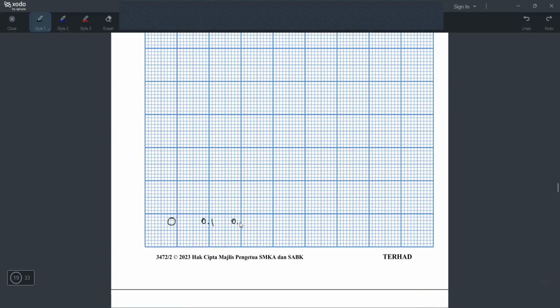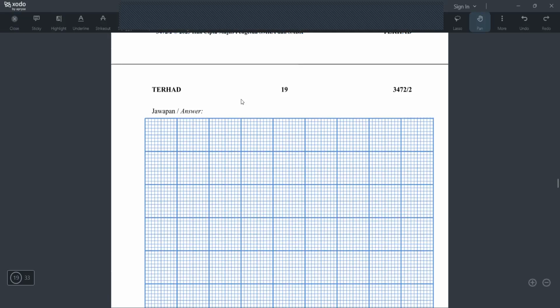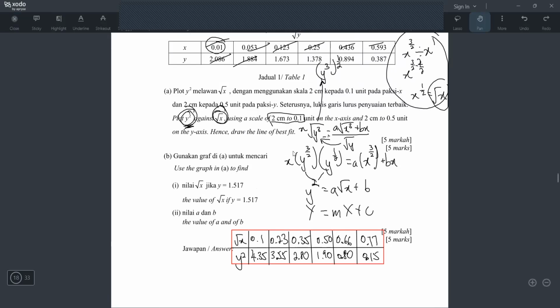It's enough space because the highest value is 0.77, right? So I can even put the arrow here and write square root x. This is my x-axis, right? Square root x.